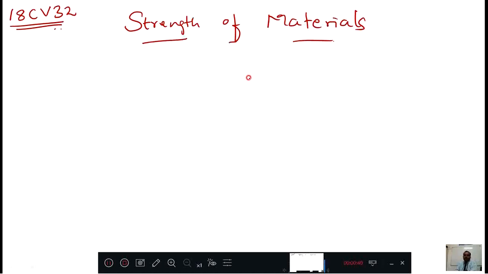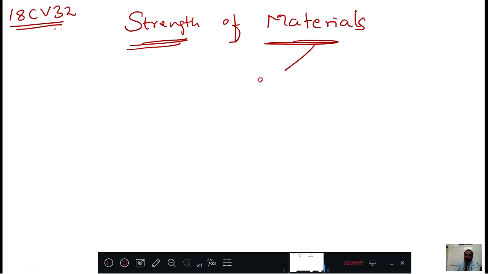Now in this subject what we are going to study, I will explain in later slides, but by seeing the heading, Strength of Materials, it means we are going to concentrate on materials and consider their strength here. What all materials?